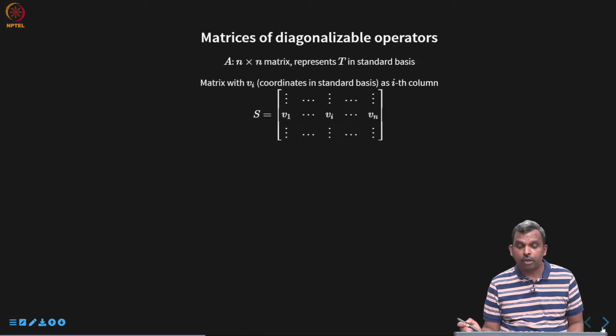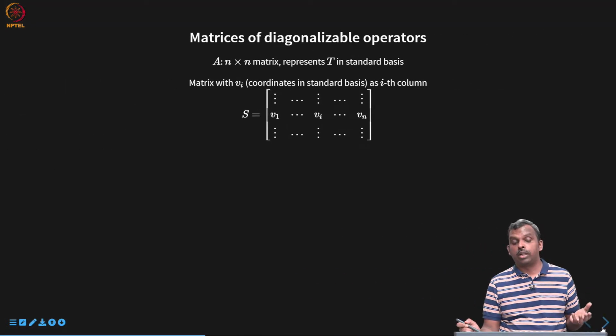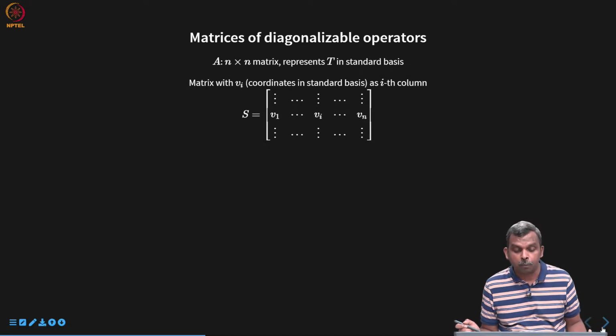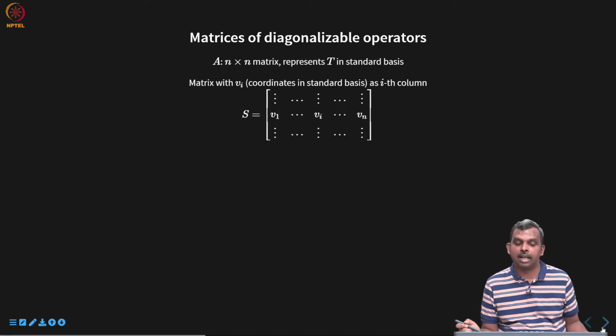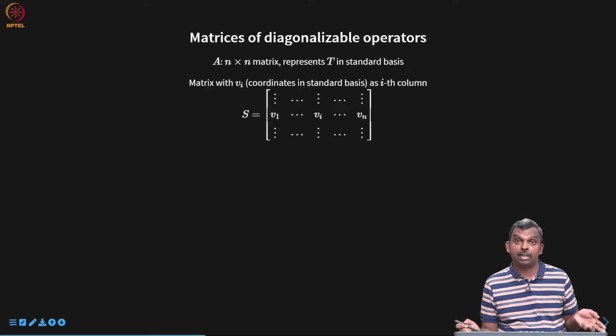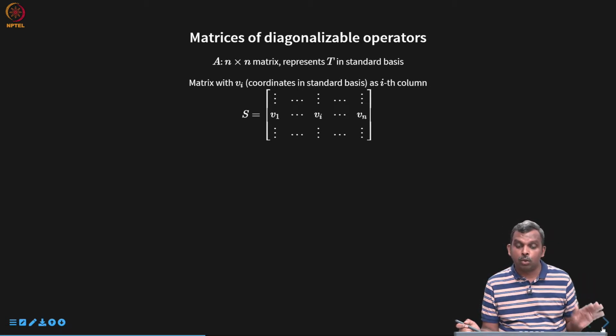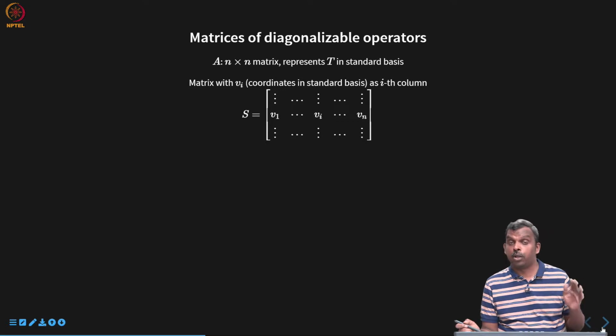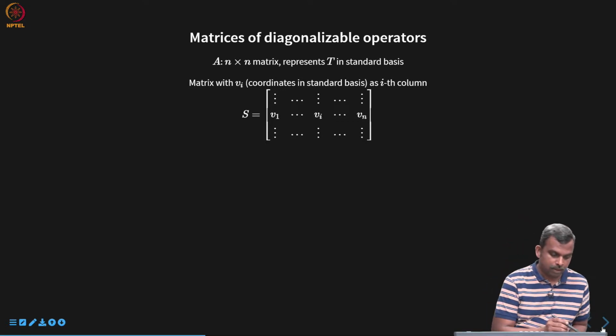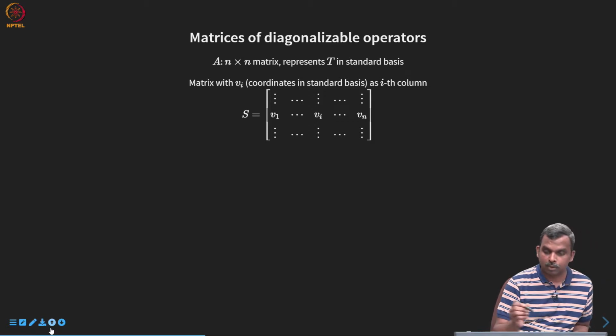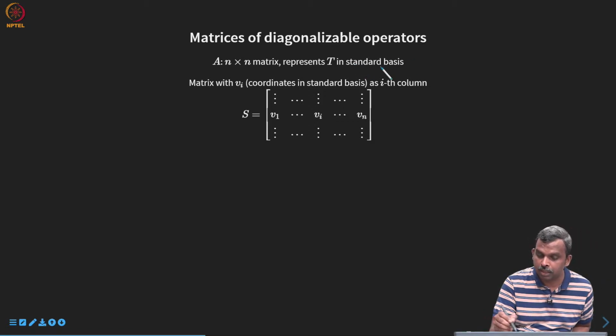Now, in terms of matrices, supposing you want to look at matrices for diagonalizable operators, let's say you have A, which is an n by n matrix, and let's say it represents a linear operator T in the standard basis. I'm going to assume that T is diagonalizable.